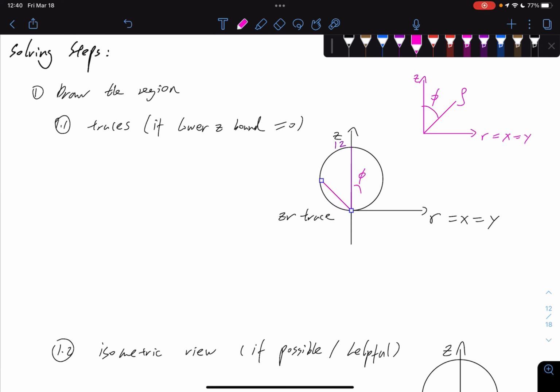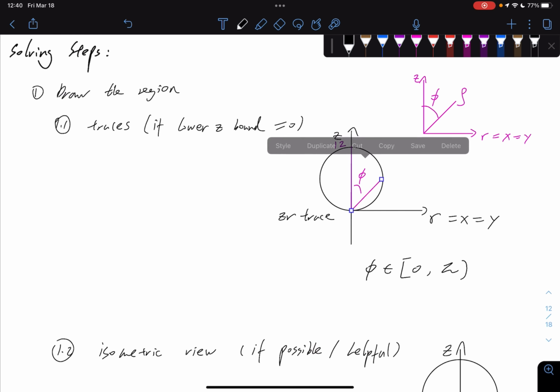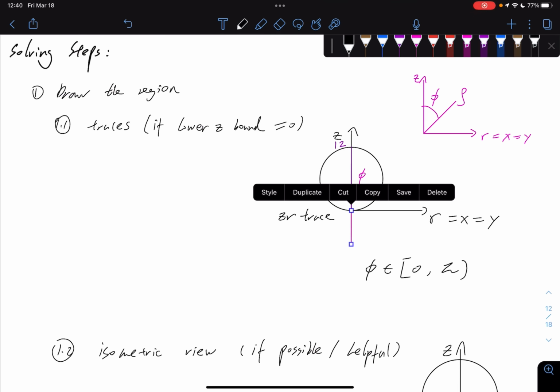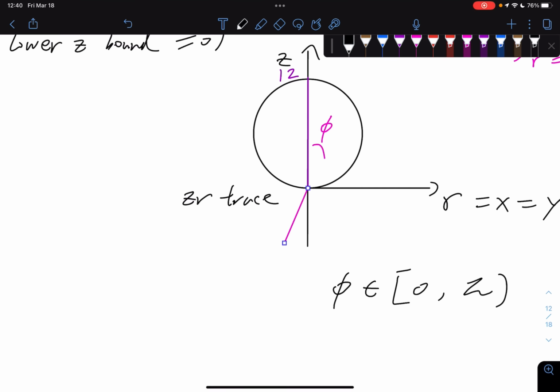Even though we can stretch our radial line to the left-hand side of the z-axis, we shouldn't do that, because remember, the range of our phi is from 0 to pi, right? So if we go across this line, we are essentially passing the range of pi, because the pi angle is right here, and everything on the left-hand side is beyond the range of pi.